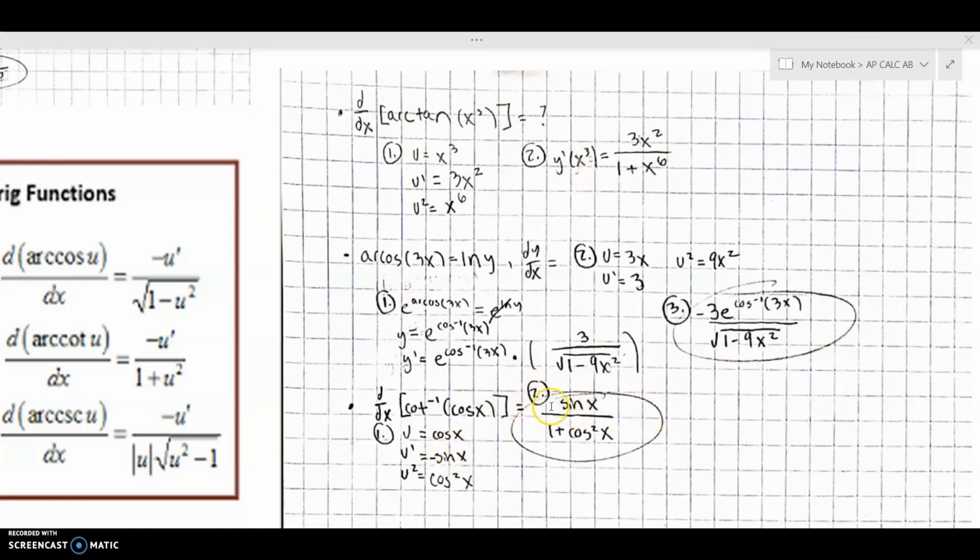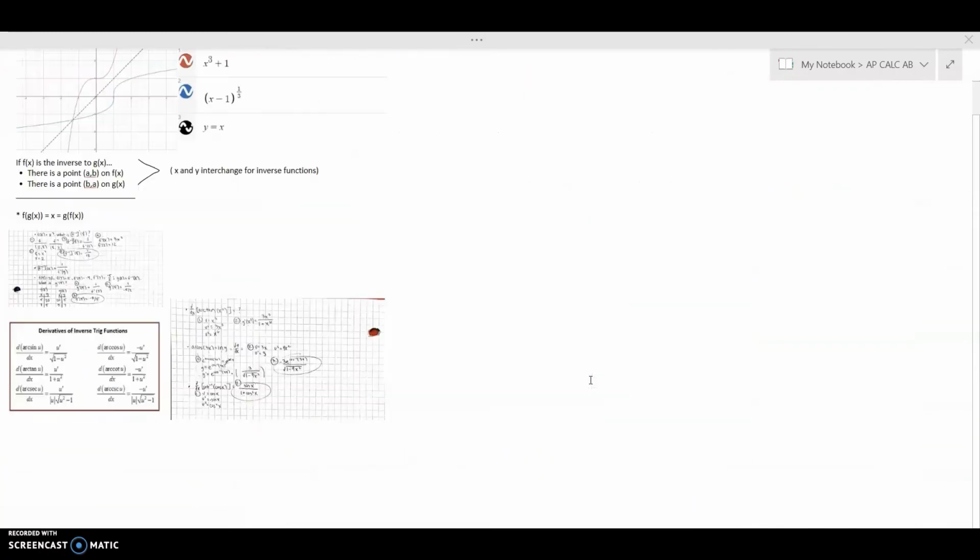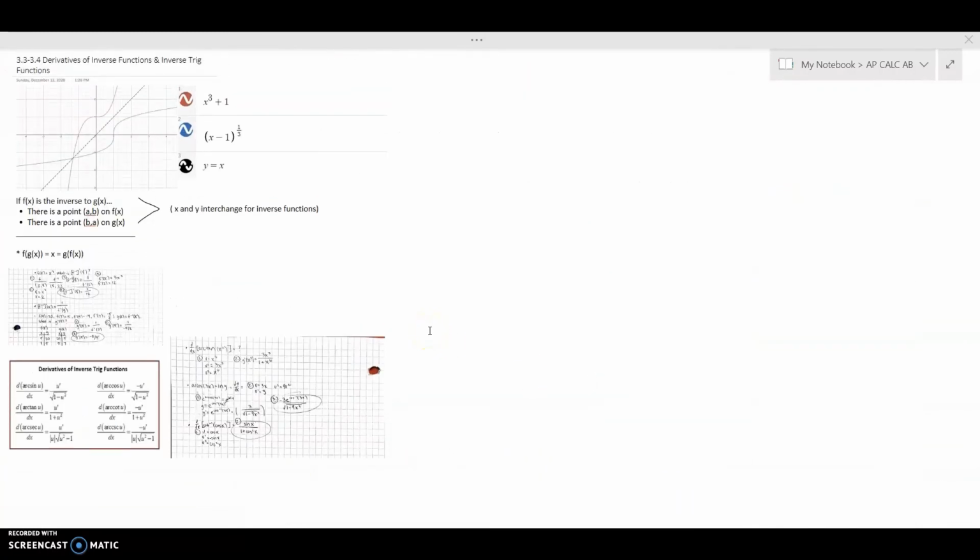And then that's all over 1 plus u squared, and that's pretty simple. 1 plus u squared being cosine squared x, so it's 1 plus cosine squared x. So the final result being sine x over 1 plus cosine squared x. And that's that for derivatives of inverse functions and inverse trig functions.